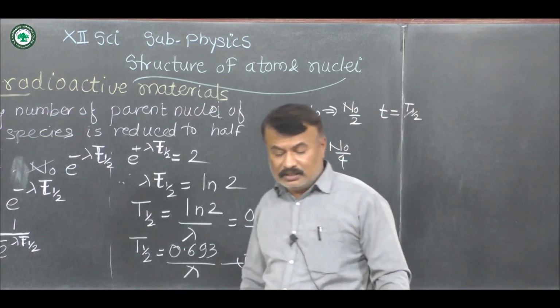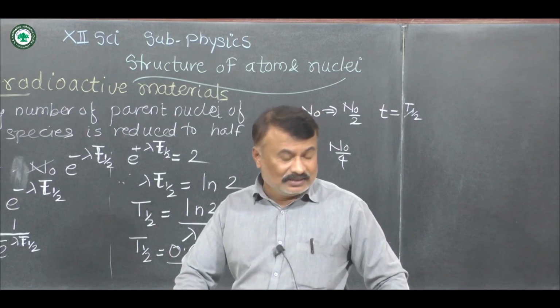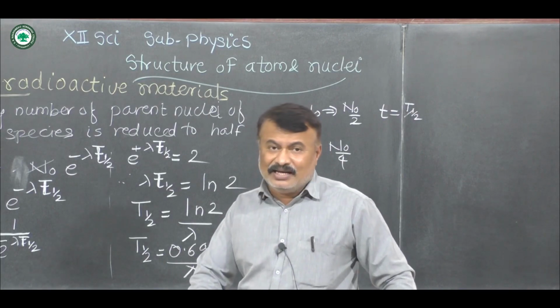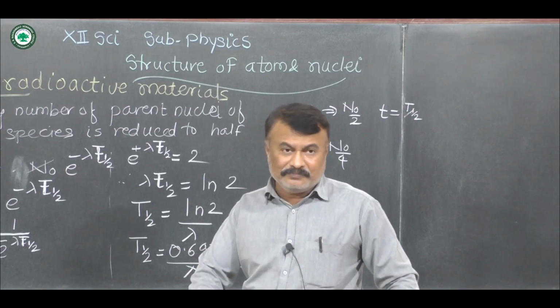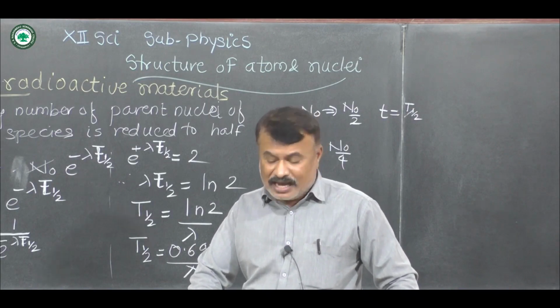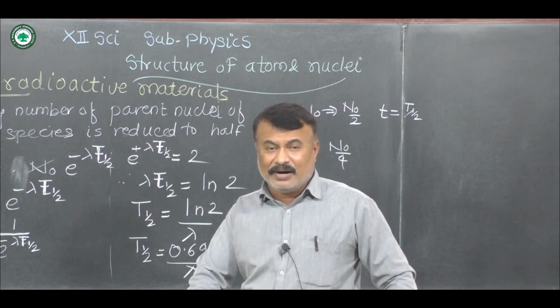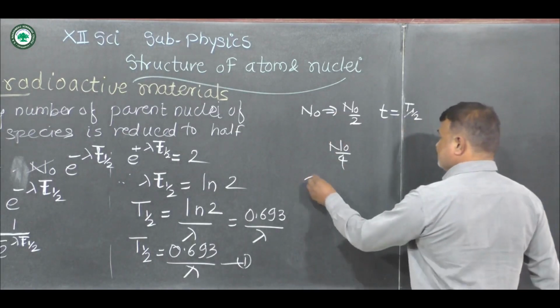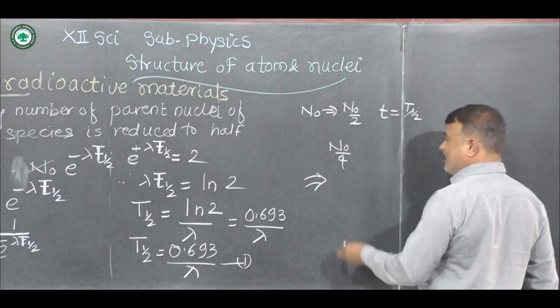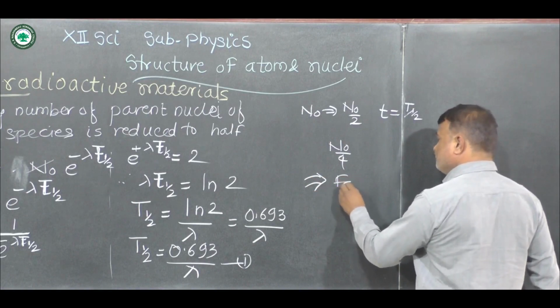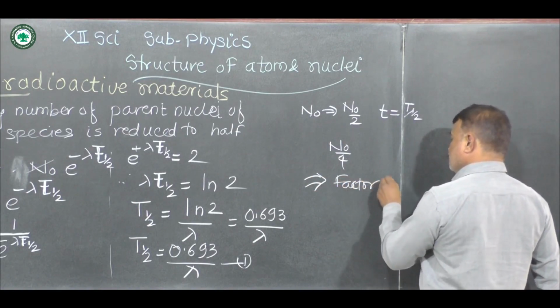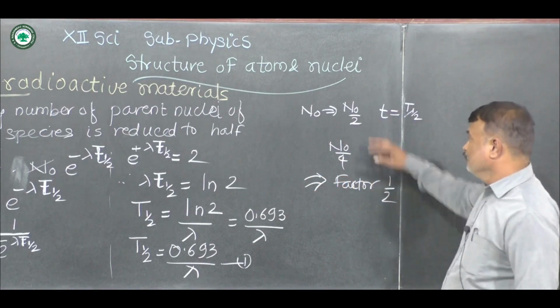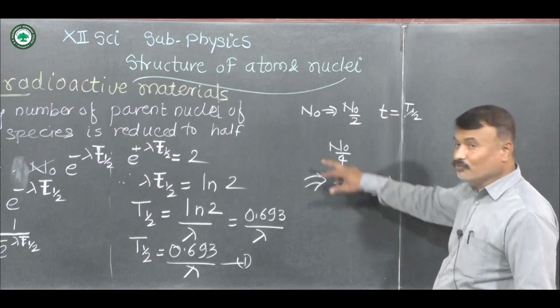Now remember that. Thus, in a time interval equal to half-life, the number of parent nuclei reduces by a factor of half, means 1 by 2, 1 by 4.